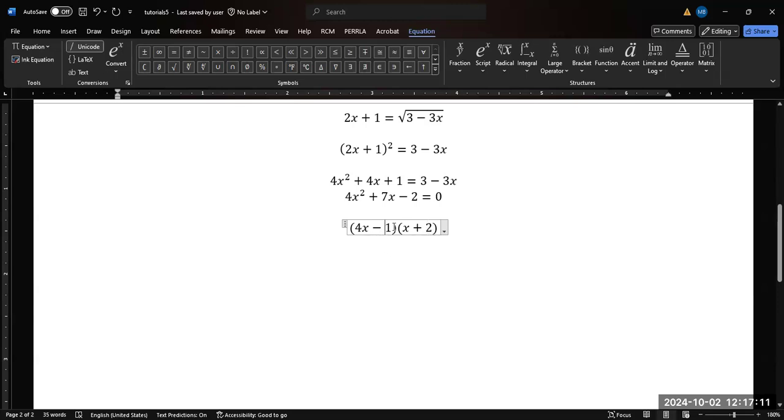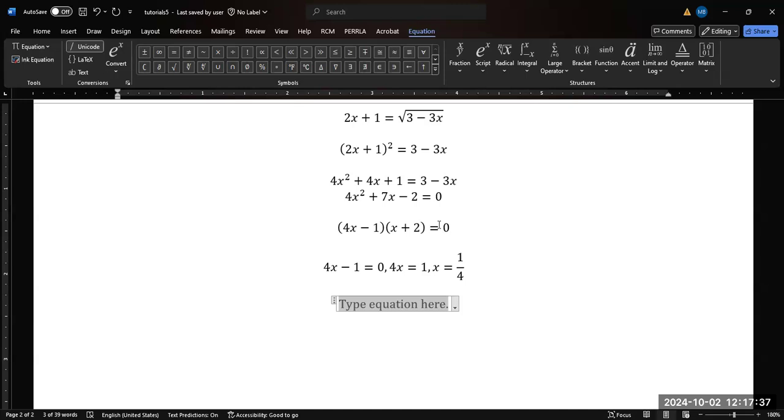So 8 minus 1 is plus 7, but negative 1 and 2 gives me the negative 2. And so the first one gives me 4x minus 1 equals 0. 4x is equal to 1, and x equals 1/4. And the second one gives me x plus 2 equals 0, or x equals negative 2.